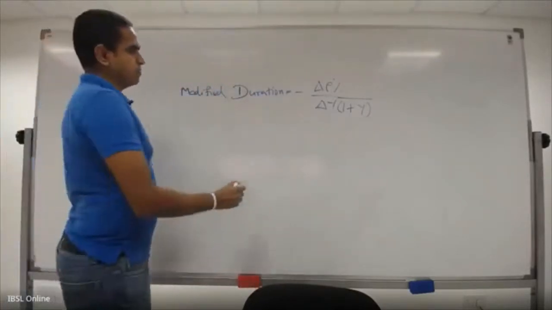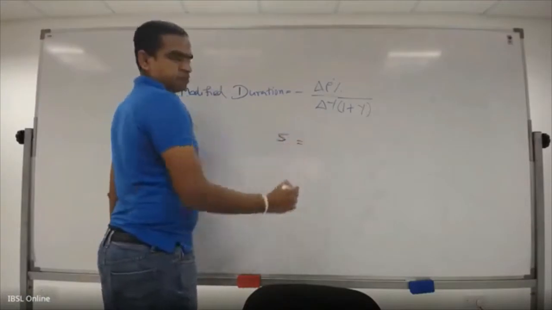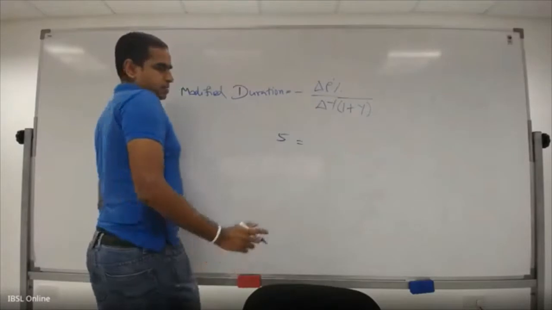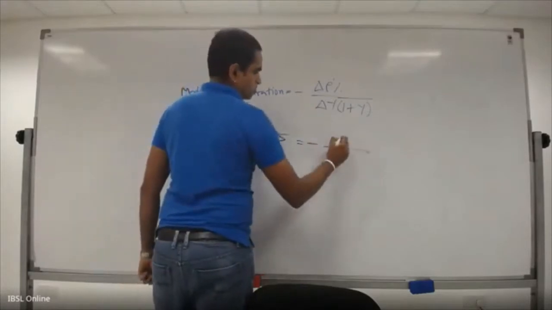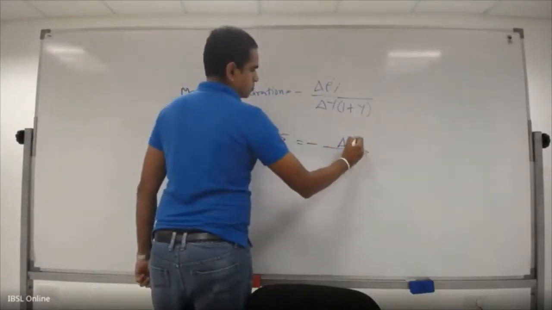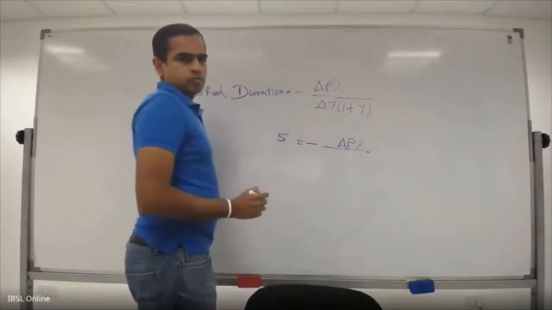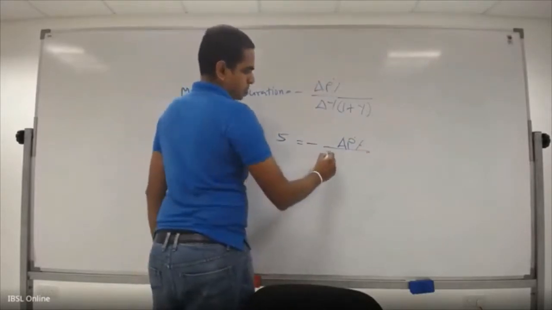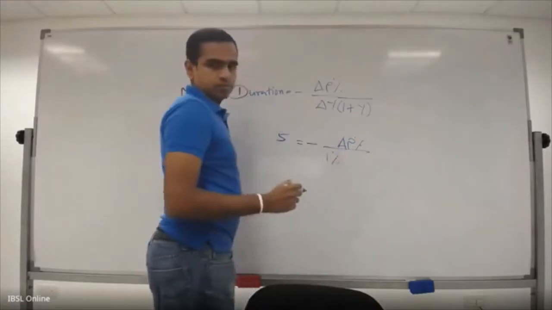The bond has a duration of 5. Yield increases from 7 to 8%. That means yield is going up by 1%.